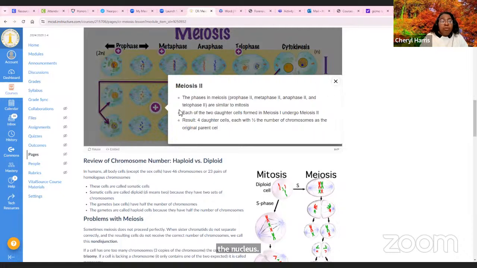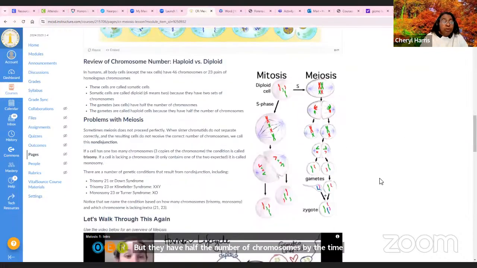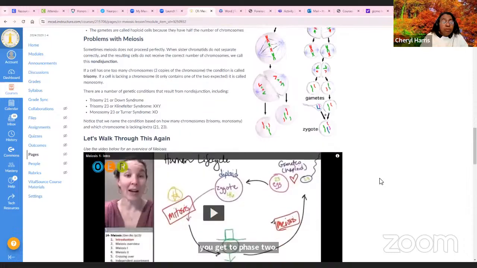And again, the big difference is phase one creates 2 cells and phase two creates 4 daughter cells that have half the number. So in the first phase, they still have the same number, but they have half the number of chromosomes by the time you get to phase two. All right, so I'm not going to repeat all that.